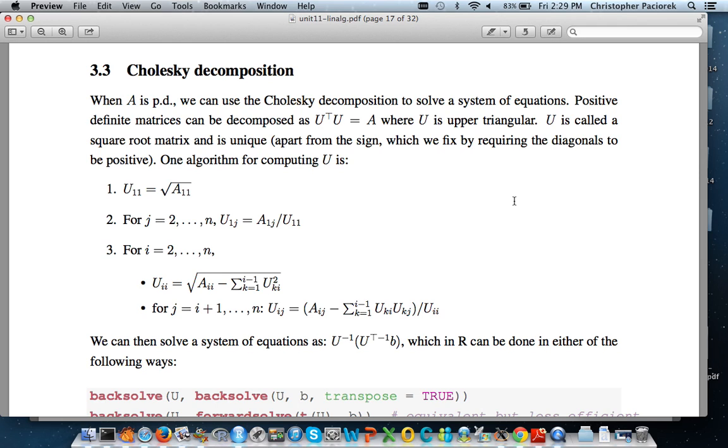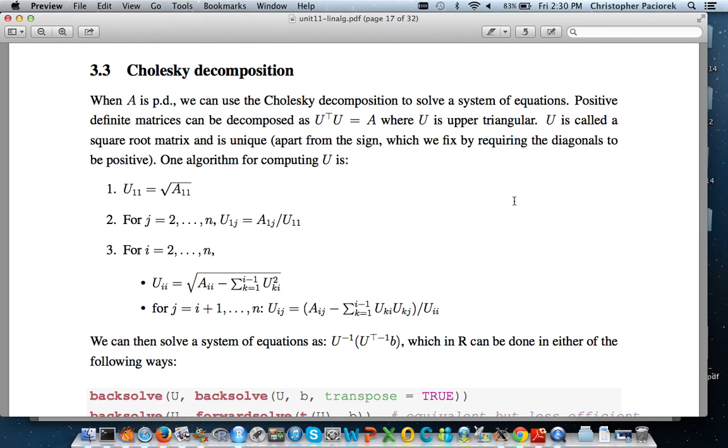So now what do I do? Well, I've got U12 times U11 plus nothing is A12. So U12 times U11 is A12. So U12 equals A12 divided by U11.